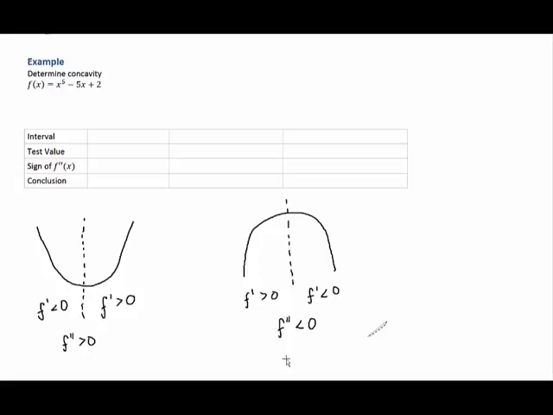So let's calculate those intervals where the function is concave up and concave down for the particular function we have at hand, that is f of x equals x to the fifth minus 5x plus 2. What do we do? Just what we did for the first derivative test, except now we need the second derivative.